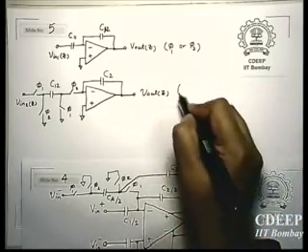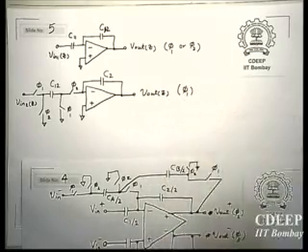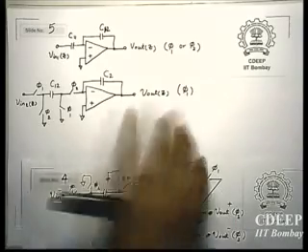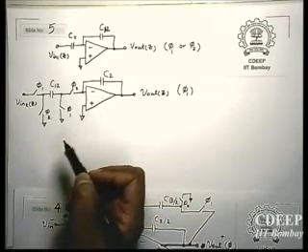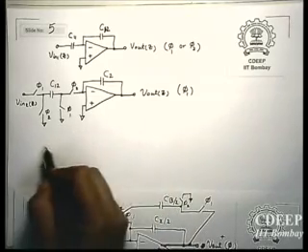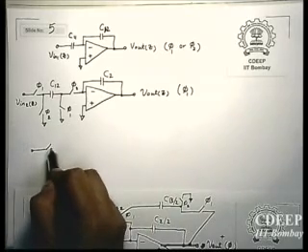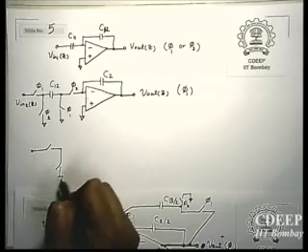This will be sampled in phi 1 easily. In phi 2 you will get the results. In phi 1 it will get sampled. And then finally we will have backward Euler, same as this.